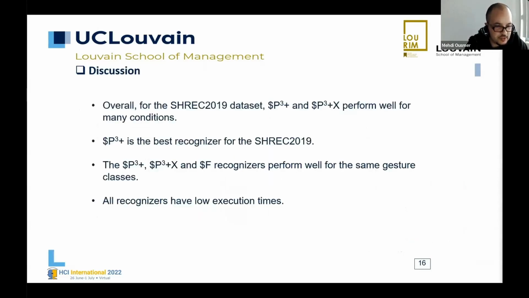From the results we saw, we can say that $PQ plus is the best recognizer, even if $PQ plus X and Jackknife perform well. Moreover, the family recognizers perform well for the same classes of gestures. And lastly, all recognizers have low response time, which is suitable for template matching.